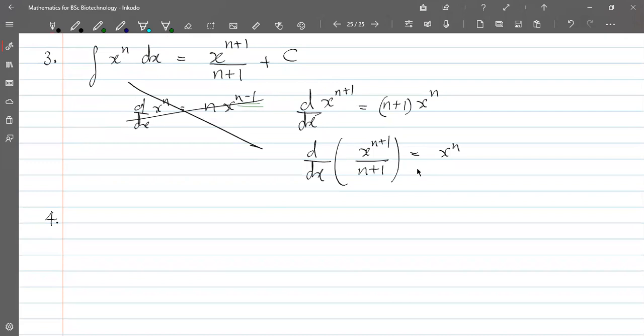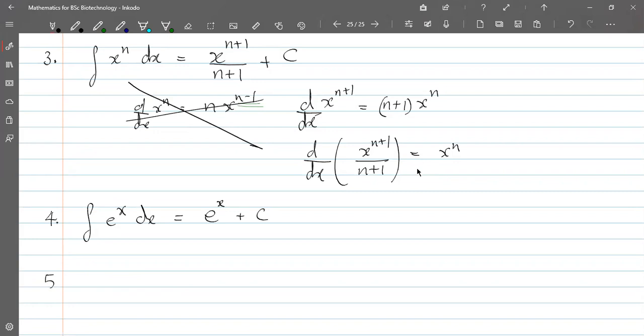e power x is one of the simplest ones, because you know that e power x is invariant under differentiation, which means that when you differentiate it, you get the same thing back. So when you integrate it or find the antiderivative, that's also the same, except there's a plus c.